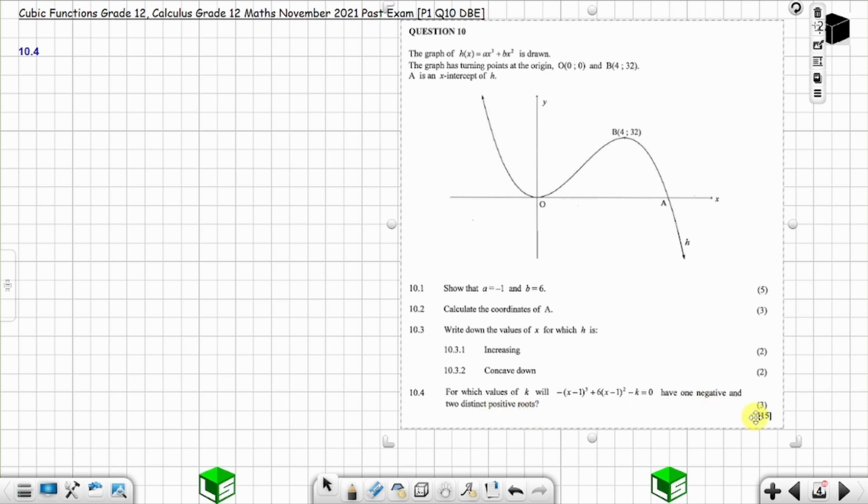The question is 3 marks. Distinct means different. So for which values of k will this have 1 negative and 2 different positive roots?